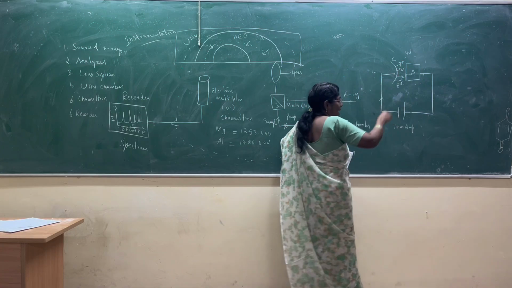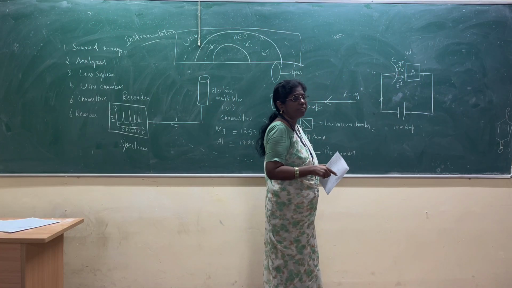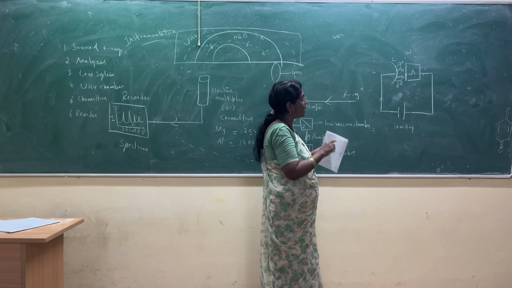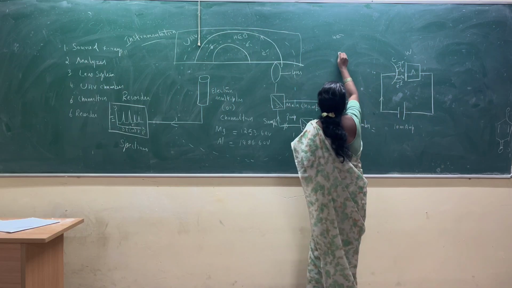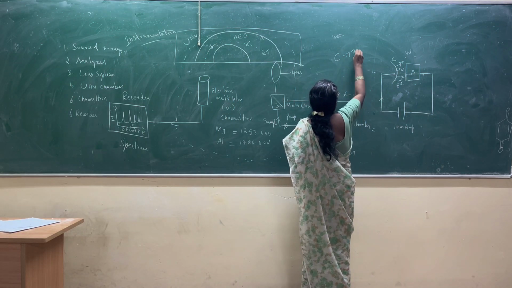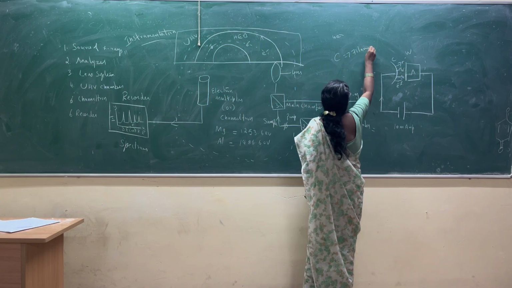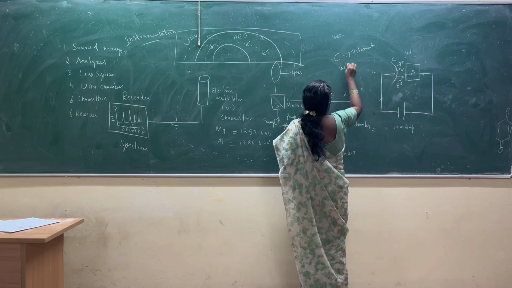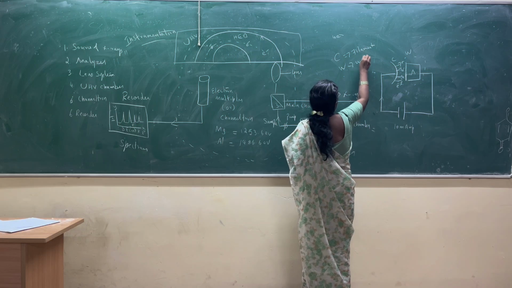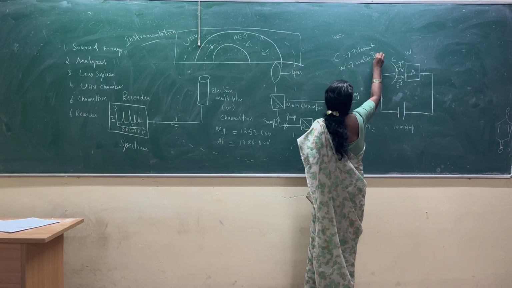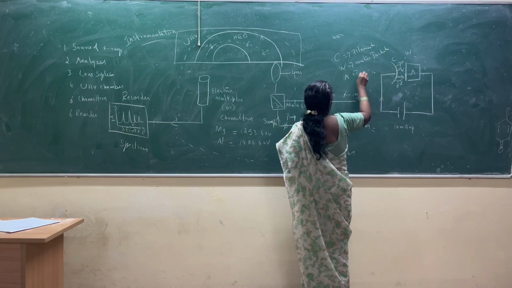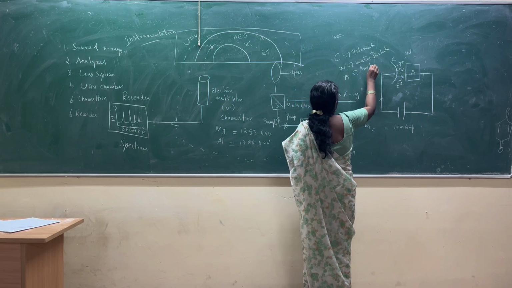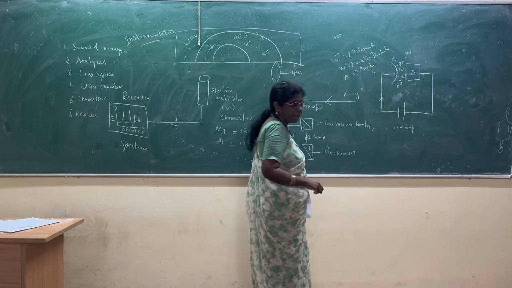The electrons are accelerated and bombarded onto the metallic anode. The metallic anode is covered by a water jacket for cooling. C is the filament, W is the water jacket, and A is the anode. So this is for production of X-rays.